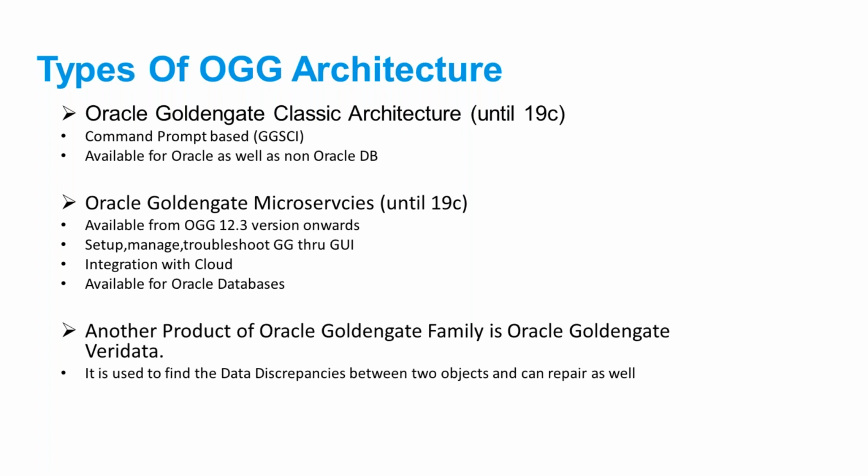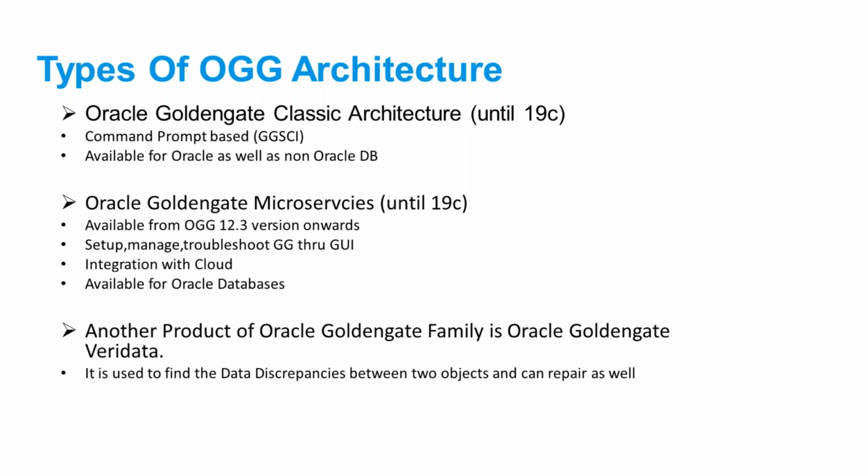From 21C, as I'll show you going forward, the support has been increased to various heterogeneous databases like SQL Server, DB2, z/OS, and a few other databases as well. So until 19C, Goldengate microservices was available only with Oracle databases.